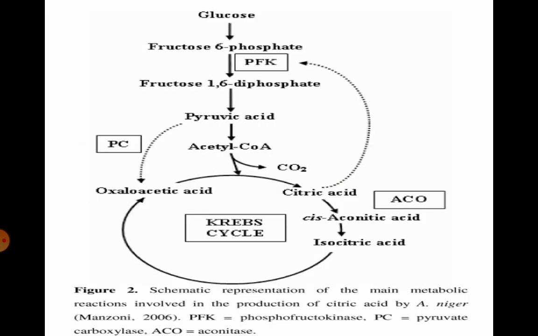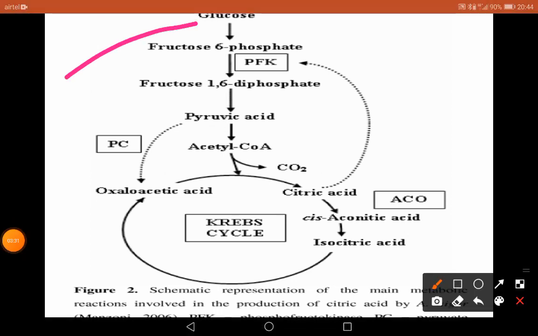So this is the schematic representation of the main metabolic reactions involved in the production of citric acid by Aspergillus niger. It starts from any kind of complex carbohydrate. It will be broken down or hydrolyzed into glucose.